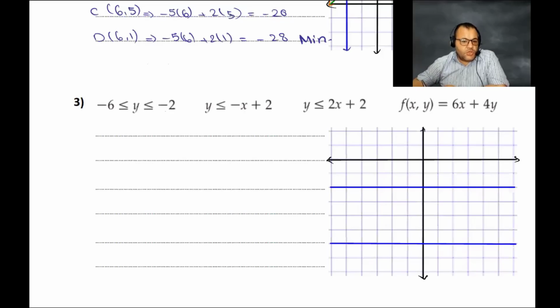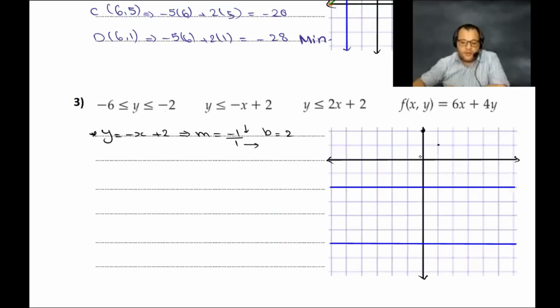Yes, I understand. So for graphing the next one, we have y equals -x plus 2. It means the slope equals -1 and the y-intercept equals 2. So we start from 2. The slope -1 is -1 over 1, so we go down 1 and to the right 1. Is this right?